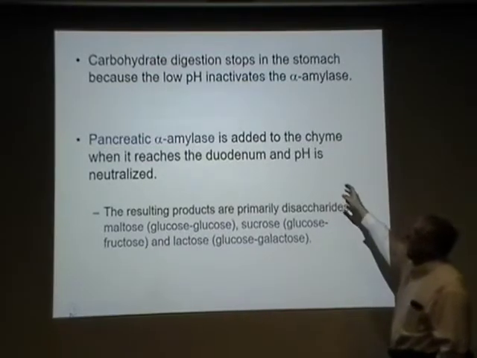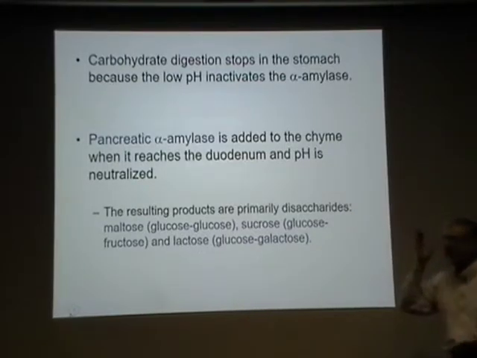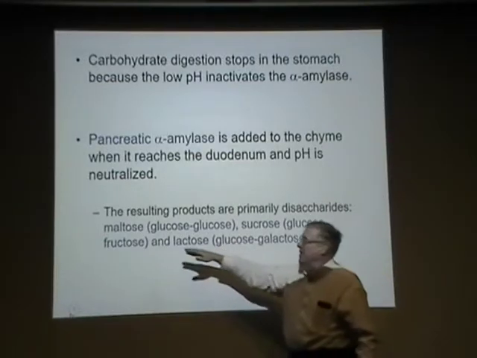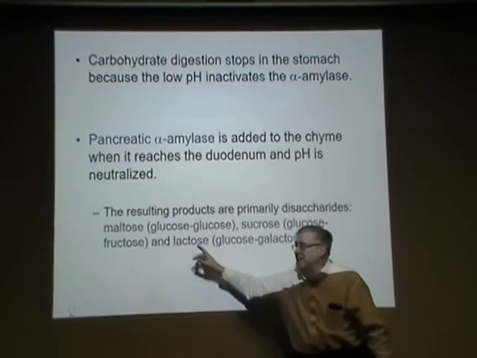So once the pancreatic amylase gets working, it's taking those long-chain oligosaccharides and the shorter-chain oligosaccharides that were being produced by the alpha amylase, and now its job is to break things down primarily to disaccharides. So when you think of amylase in general, its ultimate product is disaccharides, and the three main ones we get would be maltose, sucrose, and lactose.